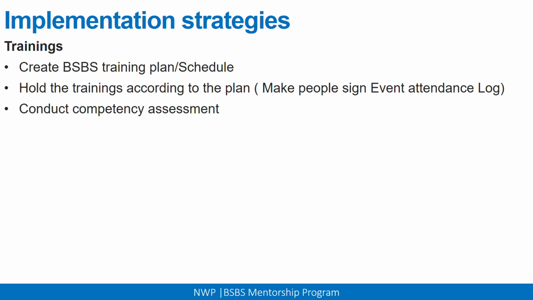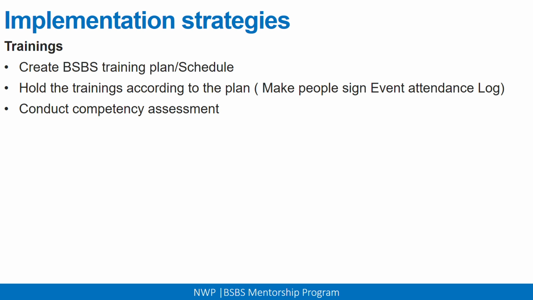Later on, as the program grows, we will introduce other types of competency assessments, such as using forms that will indicate how people performed. If you do procedure-type trainings, you will do the competency in relation to the procedure.